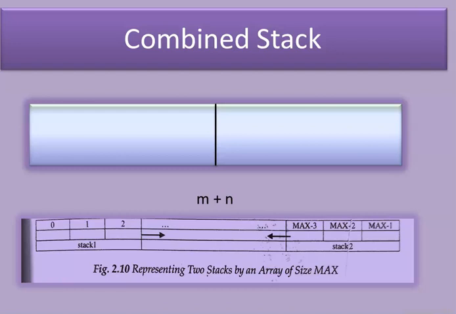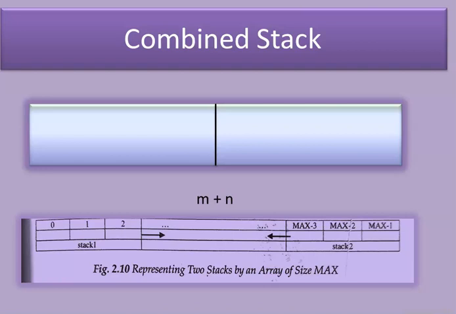Here the overflow condition is not based on the size of the stack, that is 5 and 6, but on the elements in this, let it be x, and the elements in this, let it be y. Then x plus y put together should not cross the limit 11. In our example we have taken it as 11, so x elements plus y elements should not cross 11.